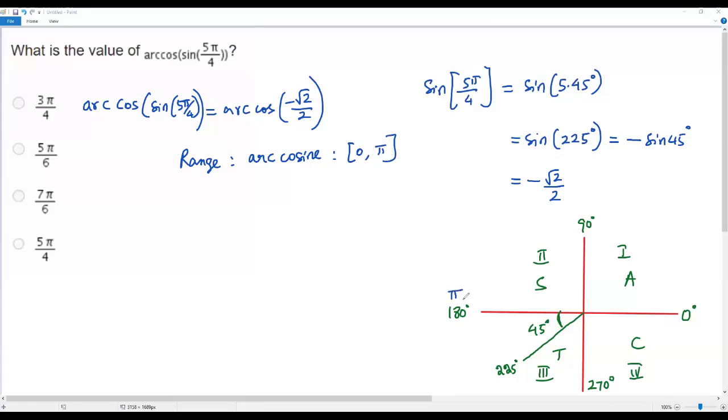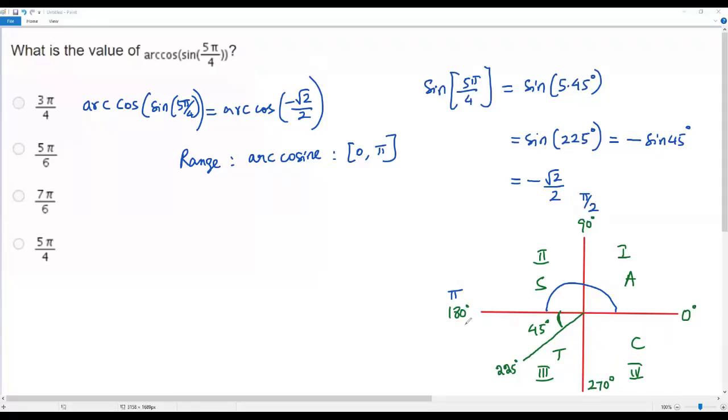So 0 to pi means only two quadrants are covered, the first quadrant and the second quadrant. In the first quadrant, all trigonometric ratios are positive, so cosine is also positive. But here the value of cosine is negative, negative square root of 2 over 2. Since the value of cosine is negative, the angle must be in the second quadrant, between 90 and 180, that is, between pi over 2 and pi, because in the second quadrant cosine is negative.